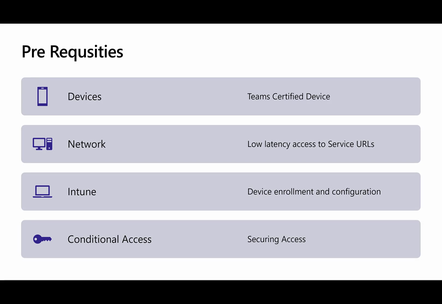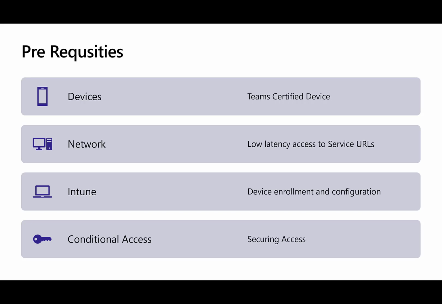Now, in terms of those prereqs, there's really four key areas that we're going to focus on today. So starting top left there, the devices themselves, ensuring, of course, that the devices that you choose are Teams certified devices. We're also going to talk about the network as well. Of course, the network piece is vitally important. It's what connects your devices to the service, so ensuring that low latency, direct access where possible to those service URLs is provided.